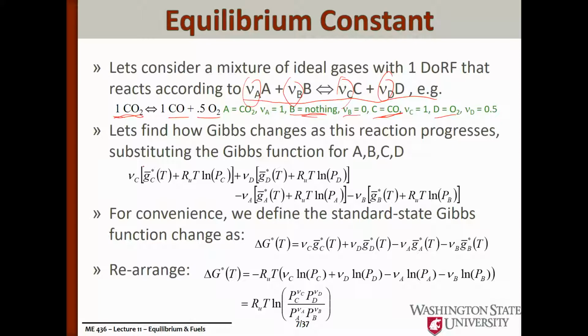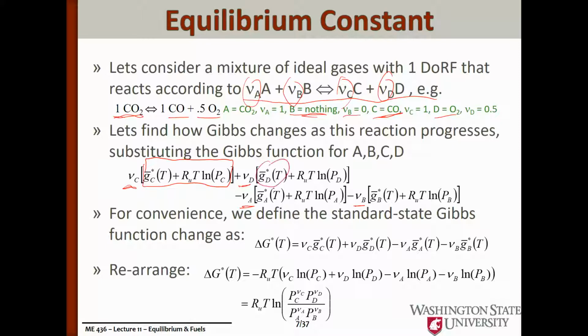So if we take the definition of each species Gibbs energy, and we balance the Gibbs energy of the reaction, we would have the product C plus the product D minus the reactant A minus the reactant B. And we're doing the Gibbs energy of each of those. So now we're going to lump all the constant terms.